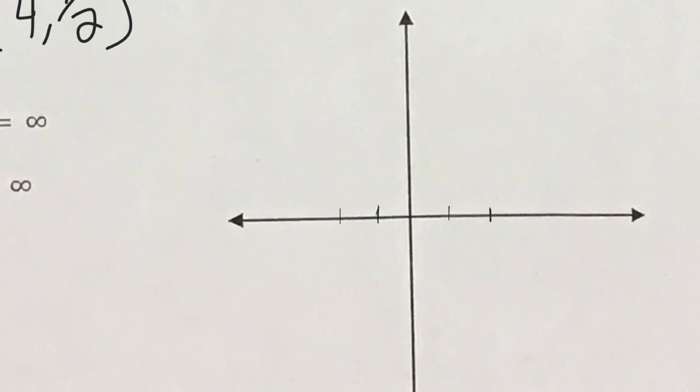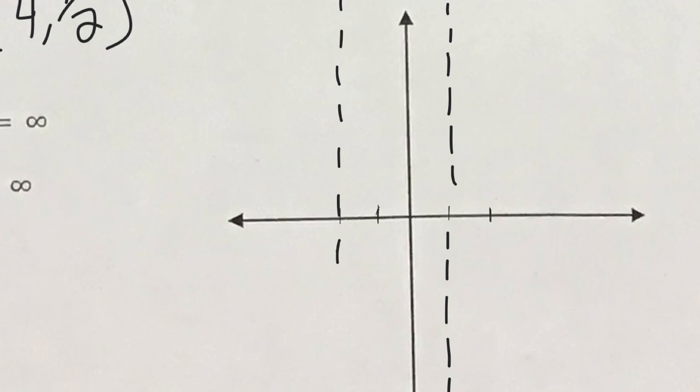So let's come over here and do some sketching real quick. We have a -2 and a +2 vertical asymptote. So let's put these dashed lines in here. We want it through +2.